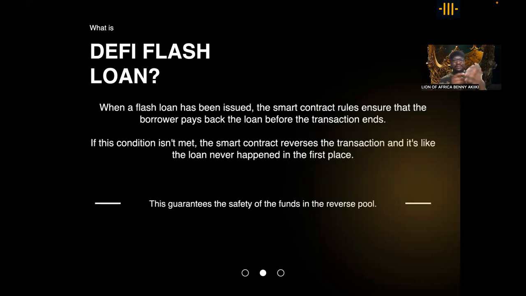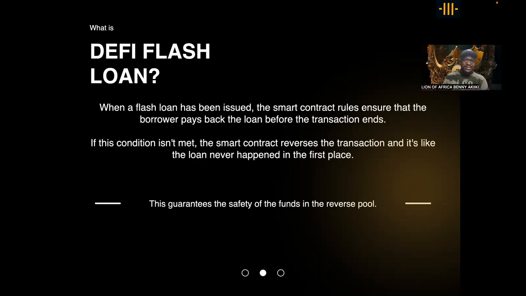Now, let's define how they work. When a flash loan has been issued, the smart contract rules ensure that the borrower pays back the loan before the transaction ends. It's as simple as it sounds. If this condition isn't met, the smart contract reverses the transaction, and it's like the loan never happened in the first place.